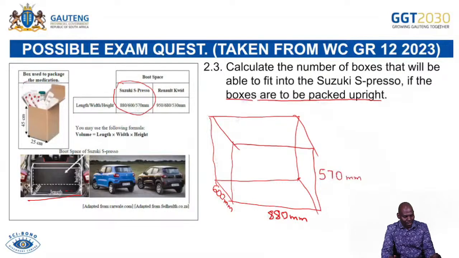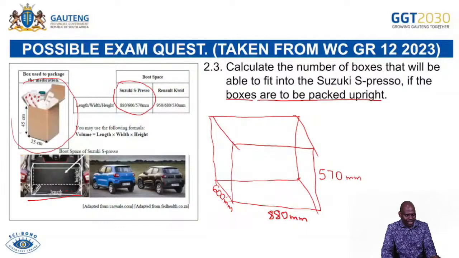I need to pack these boxes, and these boxes must be upright. So now I'll need to check how many of these boxes are going to fit into the boot, which is in the form of a rectangular shape.